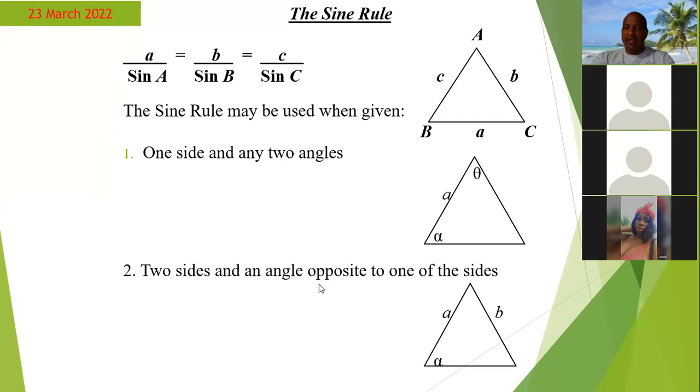If you're given triangles that resemble these, then the rule you want to use is the sine rule, which you have not yet learned how to use, but you have to know when to use it.